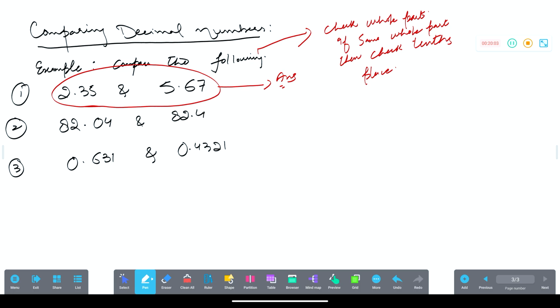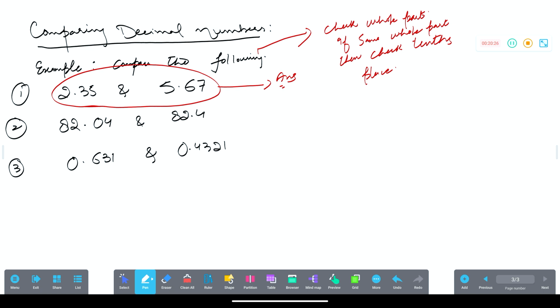We will check the 10th place of both decimal numbers. That is the digit that lies exactly after the decimal point. Decimal point के बाद पहला digit दोनों का check करोगे. And whosoever is having 10th place greater will be considered as greater. जिसका कम होगा, उसको कम माना.